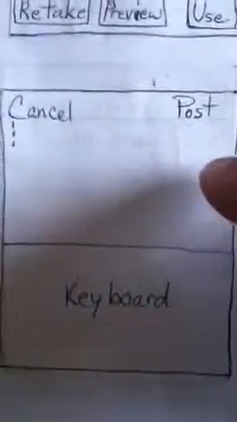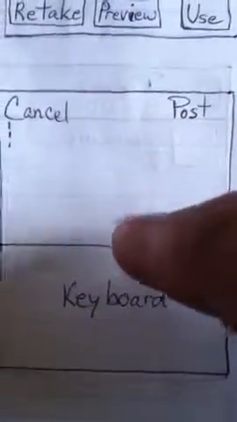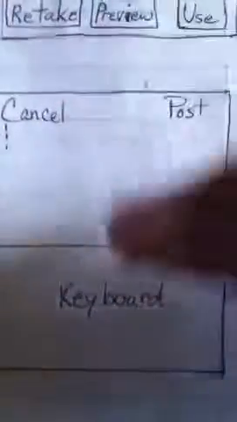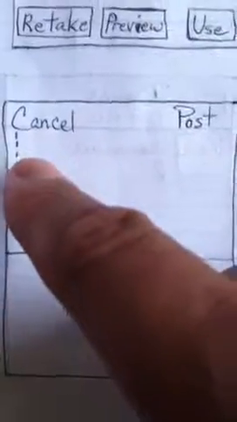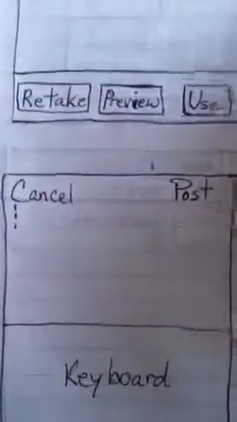This is a simple screen. I got the idea from Twitter, so you can look at the Twitter application. It does it real clean and real clear. Again, you can cancel it, or you can key in whatever you want to say here, and you can post it, and it'll show up in the feed.